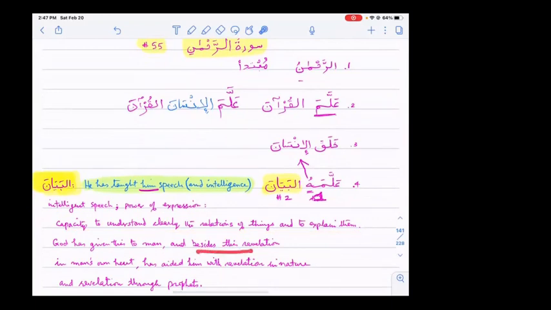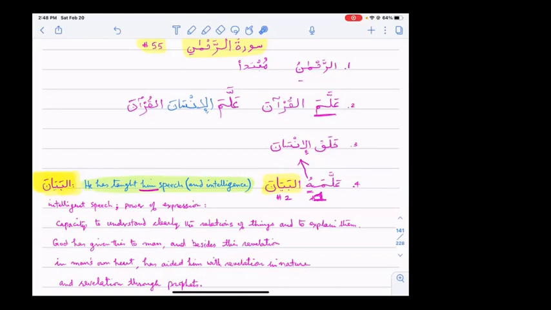Besides this revelation in nature, there is revelation in man's heart, which aids him alongside the revelation in nature. If Allah blesses us with that knowledge, we see Allah everywhere in nature, in His creation.